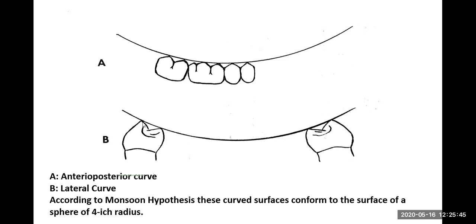I told you the buccal cusps should always be higher than the lingual cusps. And that line continues, touching the lingual cusp on the opposite side of the arch, and it's touching the buccal cusp. This curve is called curve of Wilson.